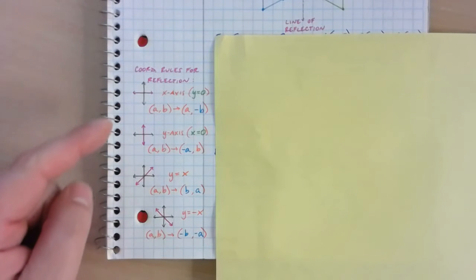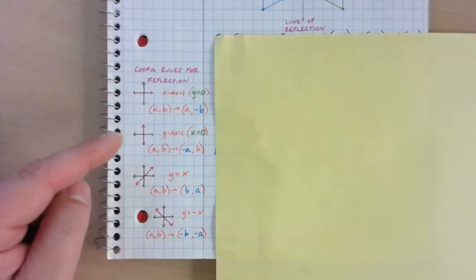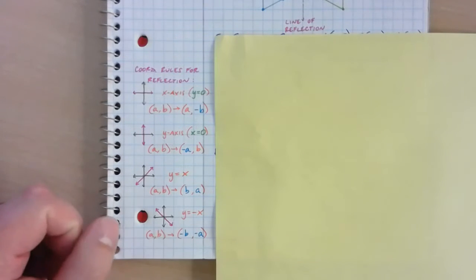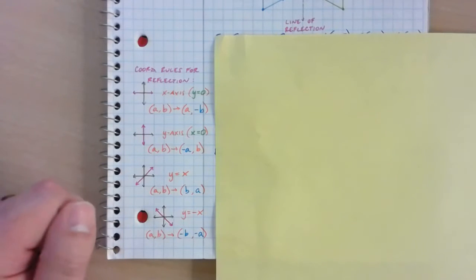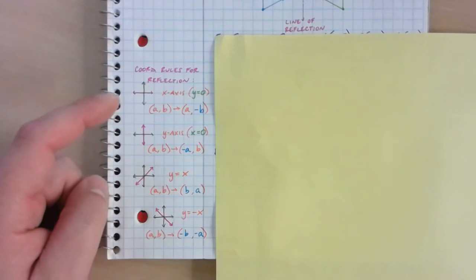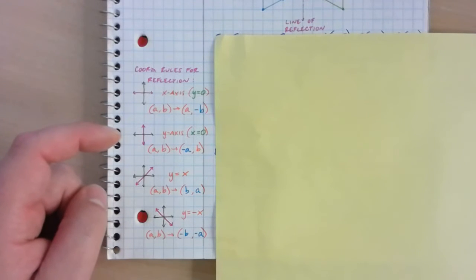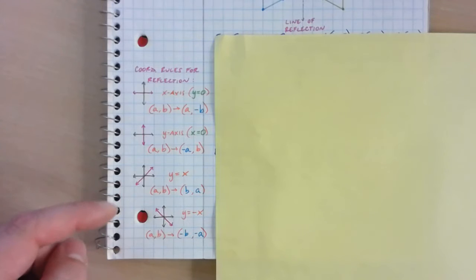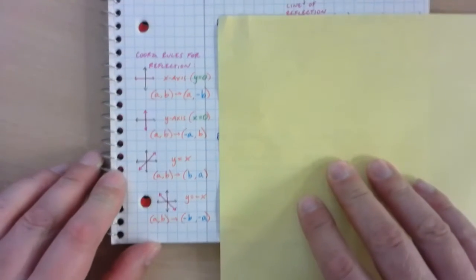These first two, I don't know that the actual conversion is any faster than just doing the work on the coordinate grid yourself or just counting the squares. Horizontal and vertical lines will be mostly what you deal with when it comes to lines of reflection, but these two in particular, make sure you circle these, star these, draw your attention to these in your margin, because these two right here are going to be highly valuable.